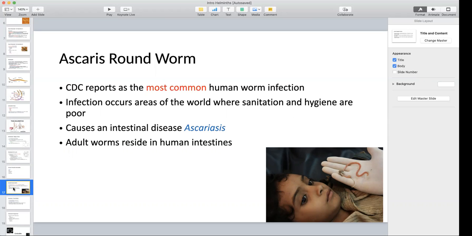The disease name is Ascariasis. The adult worm is going to be found inside of the human intestines. So this is a roundworm infection, Ascariasis. Write that down. The most common nematode infection in humans.